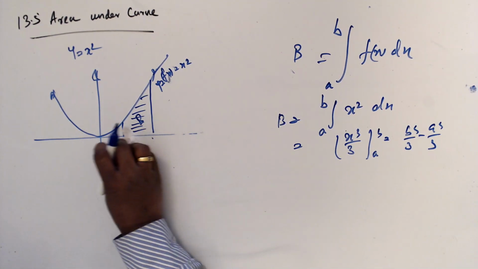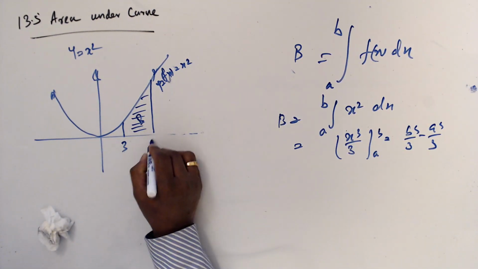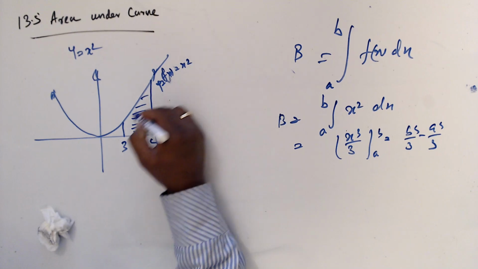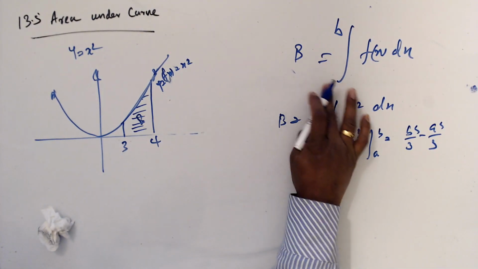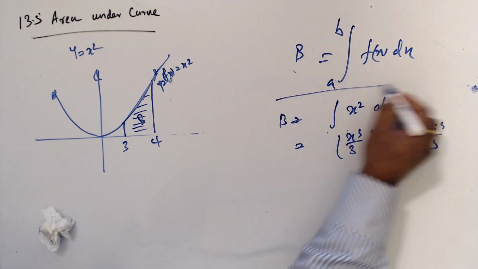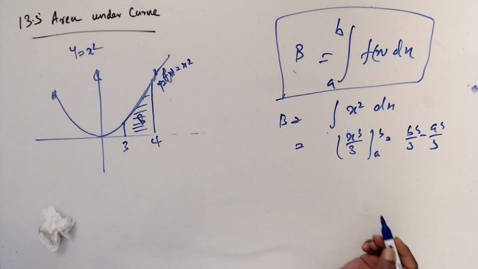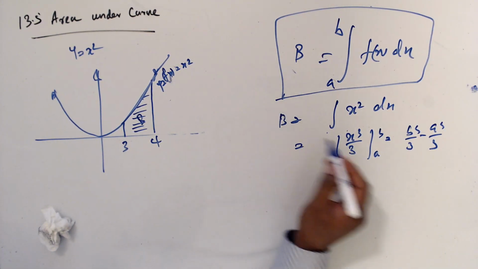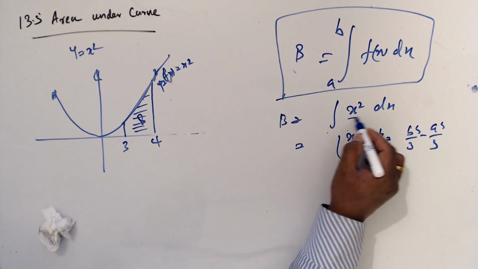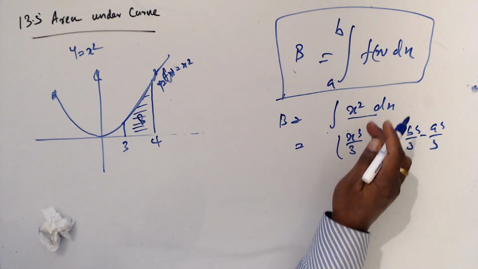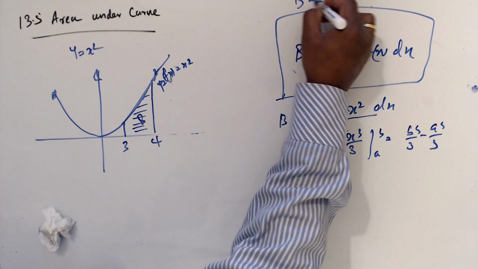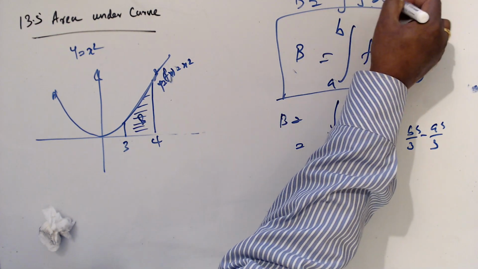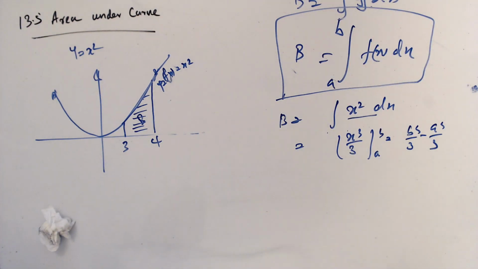We'll put a number here. So 3 to 4, you want to find the area under this curve. Then this is going to be the standard formula here. So B equals the integral of x square, y or f(x) dx. y dx, this is usually right.